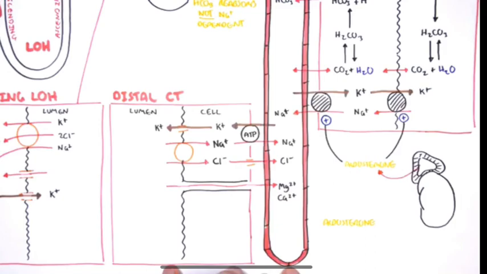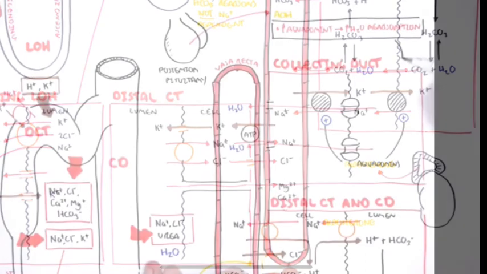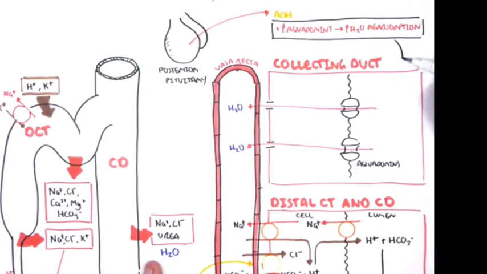Finally, we'll be discussing the collecting duct, where mainly water reabsorption occurs via the channel called aquaporin channel. This channel is controlled by the ADH, which is secreted by the posterior pituitary.